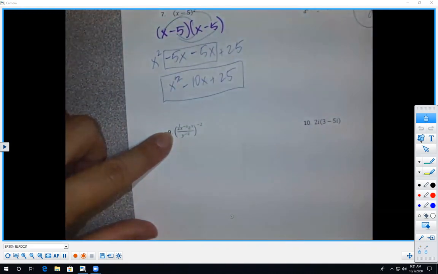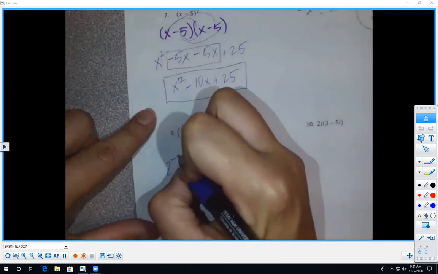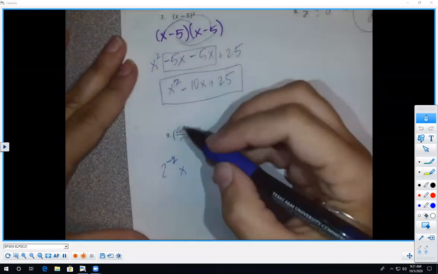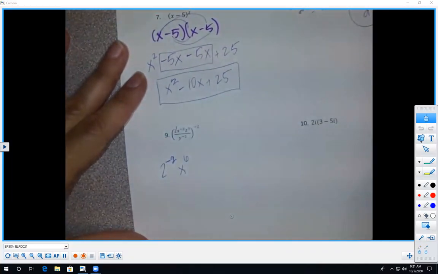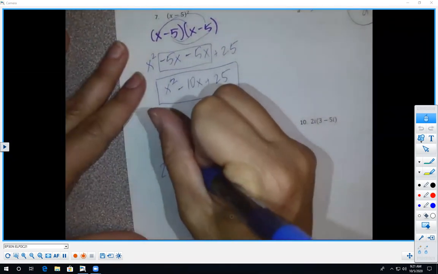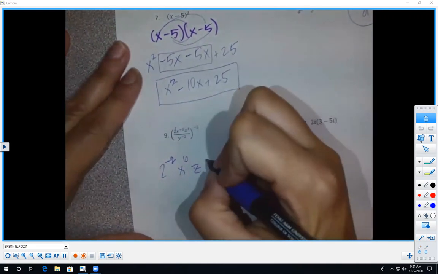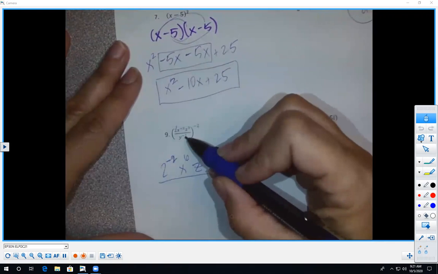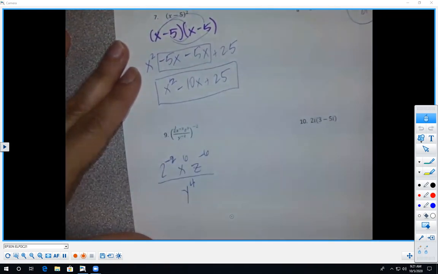And so when I distribute that -2 in, I get 2 to the -2. x to the -3 times -2 is positive 6. z to the 3 times -2 is -6, over y to the -2 times -2, y to the positive 4.